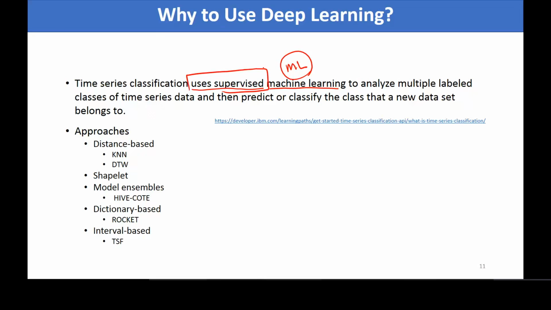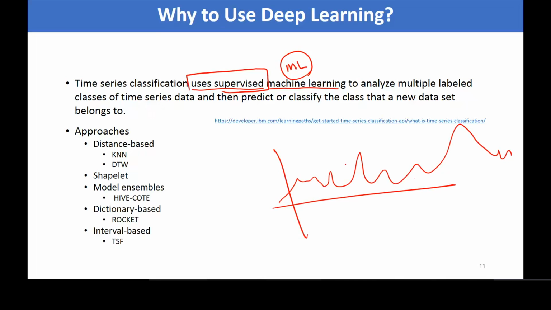Supervised machine learning algorithms analyze multiple labeled classes of time series. So you have a time series, and I assume, for example, that some patterns here indicate something. You call this a class. And maybe another pattern like this one indicates something else, so this is another class.